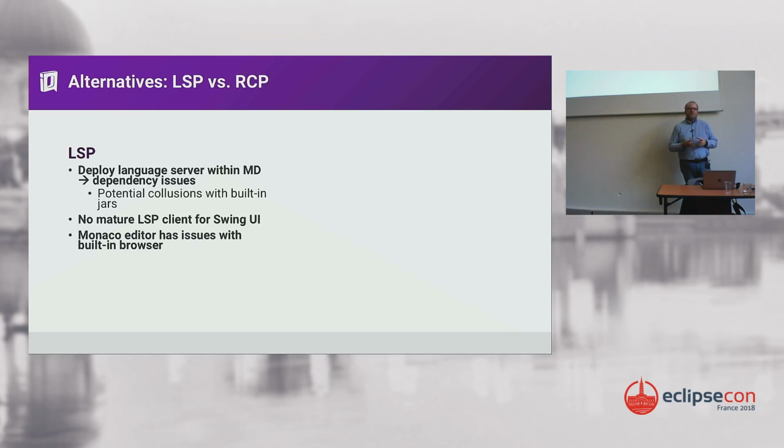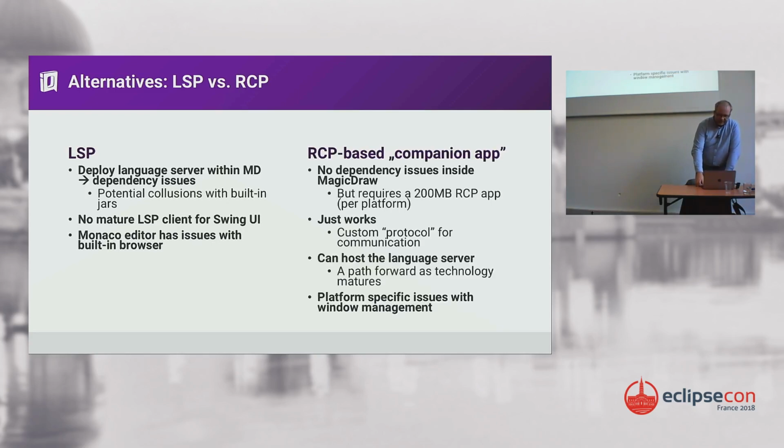So this is also a kind of a showstopper for now for this path of integration. So the alternative solution that we came up with was to actually develop a completely different application, which we call a companion app that will work in tandem with the host. And this companion app will be based on RCP, which solves the UI integration issues, also the dependency issues.